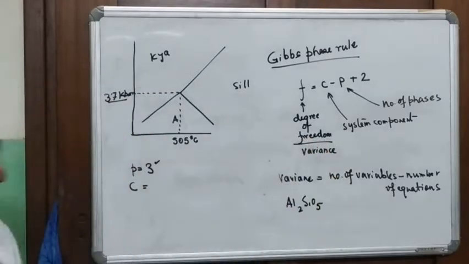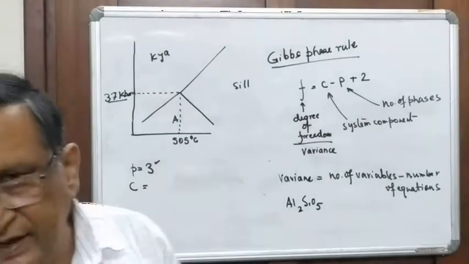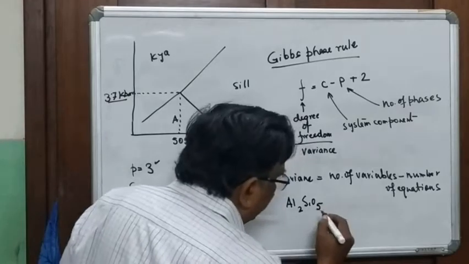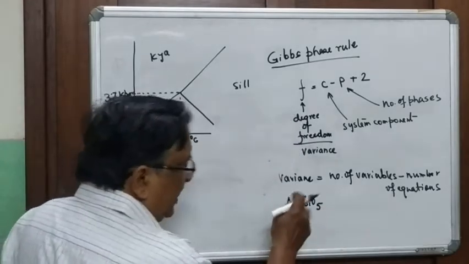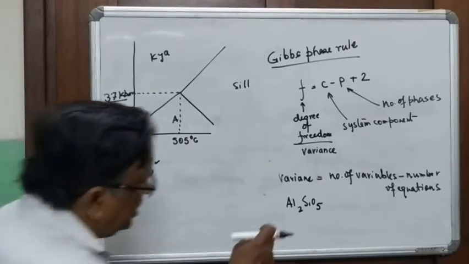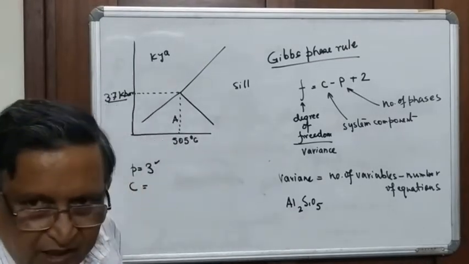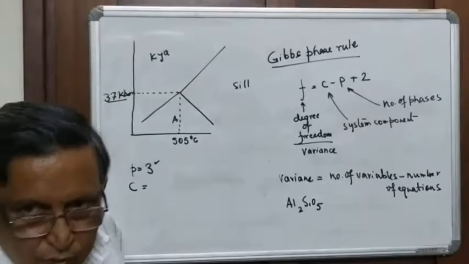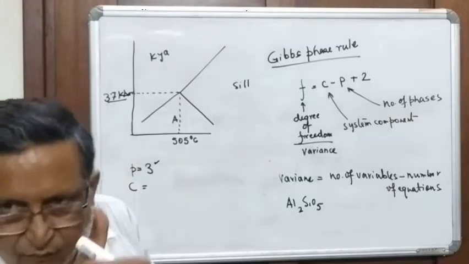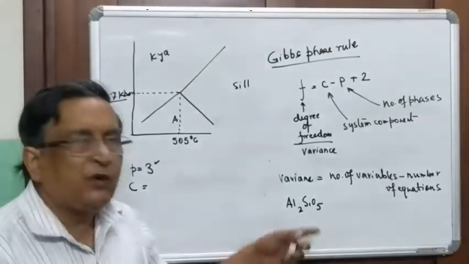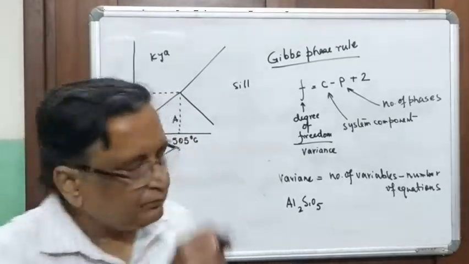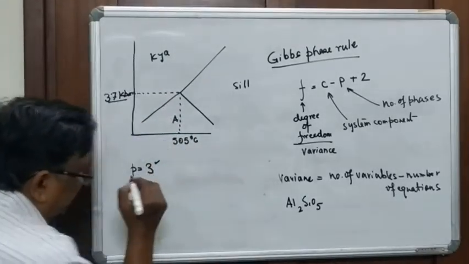Then you could write AlSiO, 3 components, or you could have Al2O3 SiO2, 2 components, or you could have Al2SiO5, 1 component. We take 1 component because it's the minimum number of components, right?